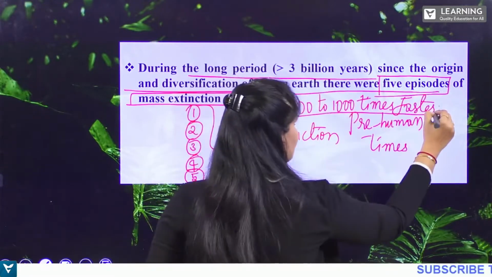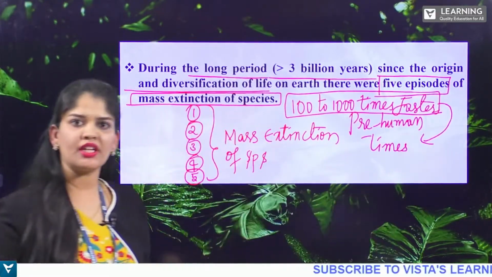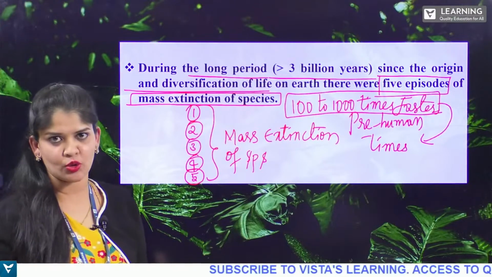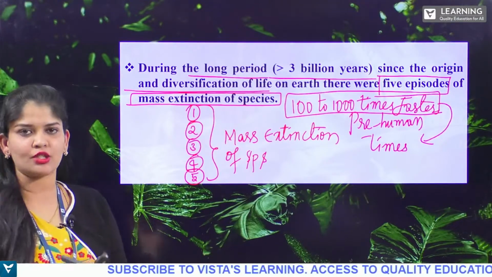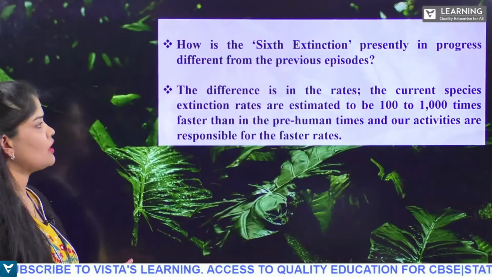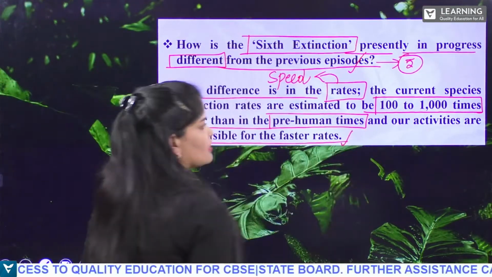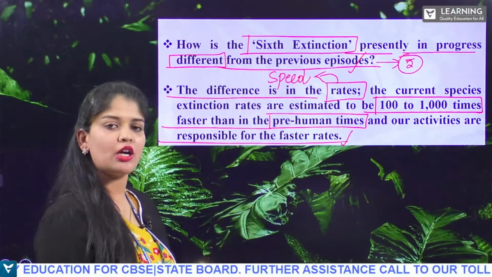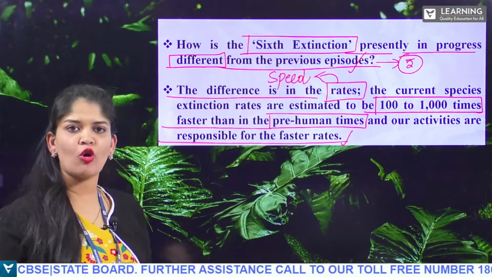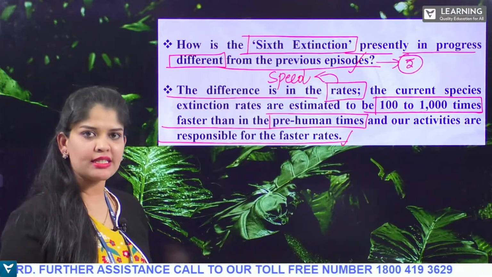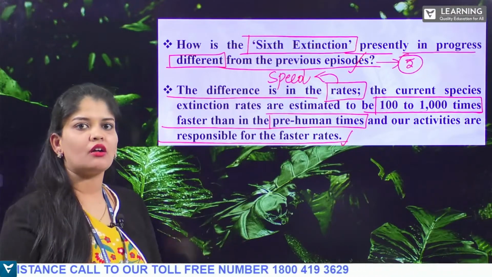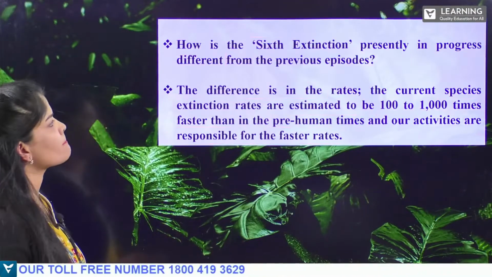This is due to human activities, our greedy activities. Our human activities are responsible for these faster rates of mass extinction in the biodiversity, right?